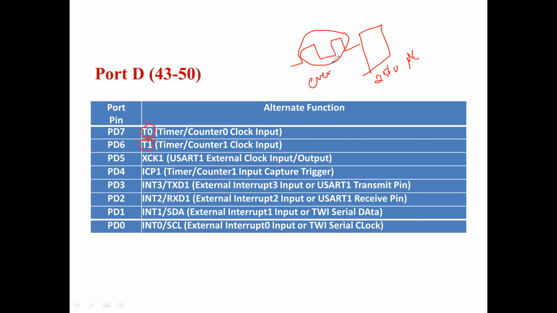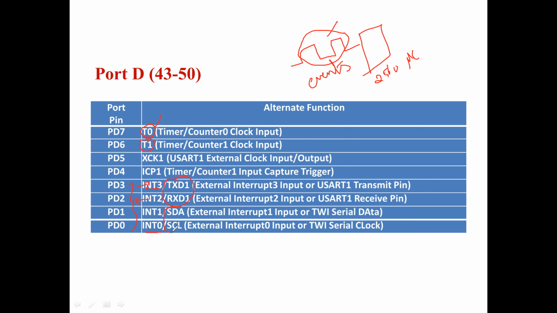These events you can count by using these particular pins. And we have 4 pins for interrupt 0 to interrupt 3, and also multifunctions like serial communication, where you can send data outside, transmitting, and this is receiving. It all depends on how you program the particular pin.